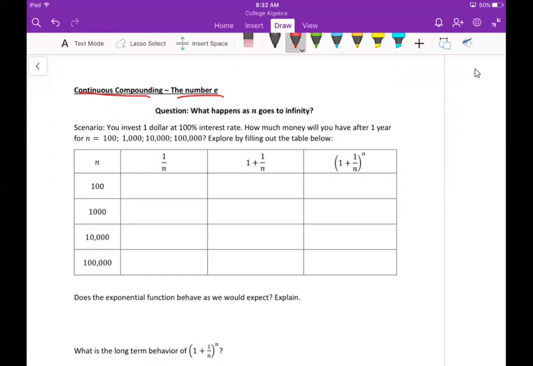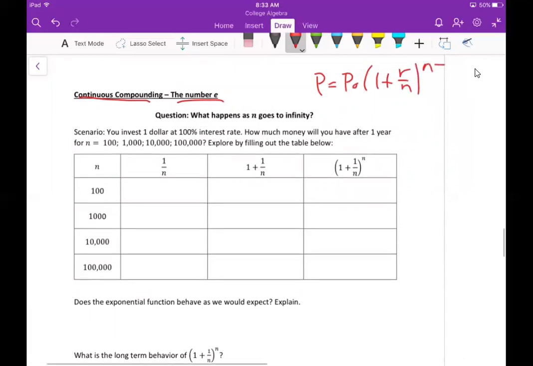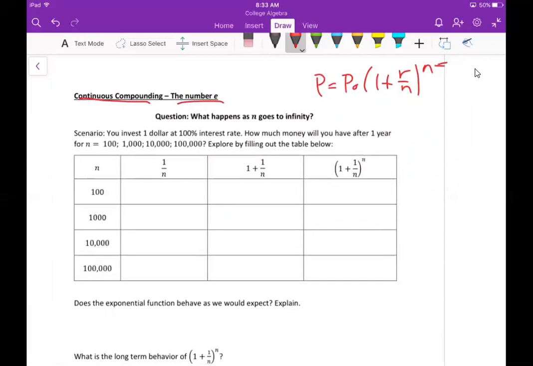We're going to invest $1 at 100% interest rate, so that we have a bunch of ones we're plugging into the formula essentially. So if I'm thinking about my P equals P naught times 1 plus R over N to the NT power, we're going to look at what happens after 1 year. So T is 1.